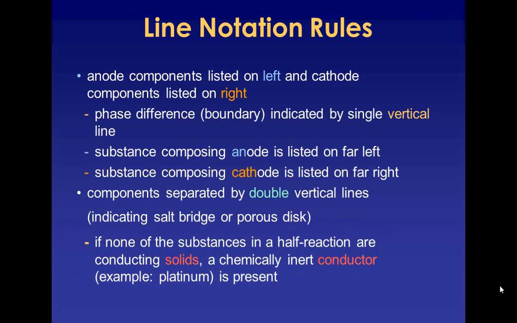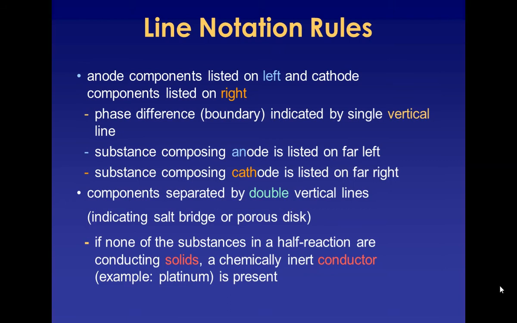That's how the phase difference line is being represented. And we write them just as we would in our half reactions, with the reactants on the left side of the vertical line and the products on the right side. We separate the two compartments, the anode and cathode, from one another with a double vertical line.